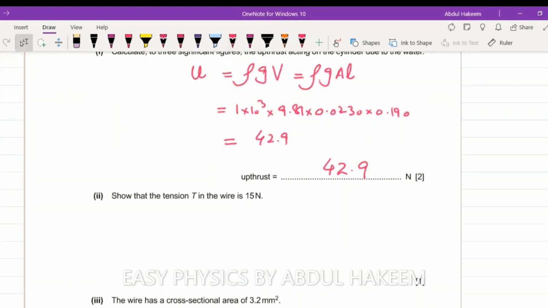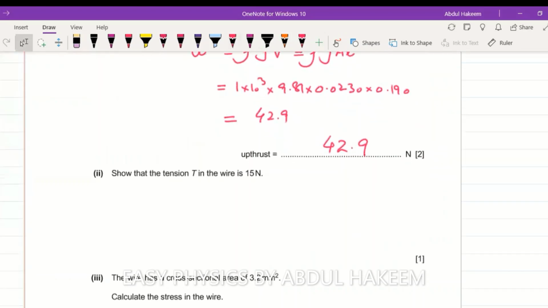Next, show that the tension T in the wire is 15 Newton. Look, the weight of the object is acting downward and the upthrust acting upward. Then the tension in the string is equal to upthrust minus weight, meaning the difference of these two forces.